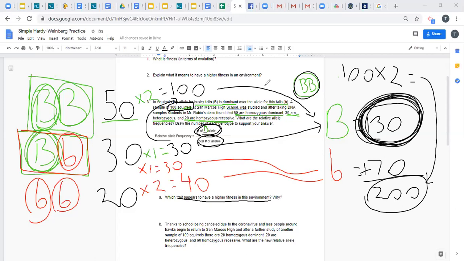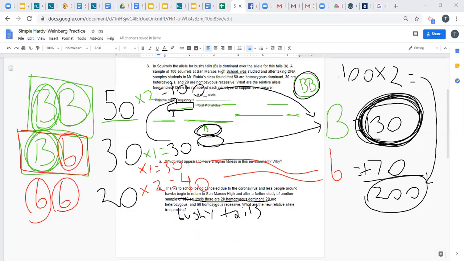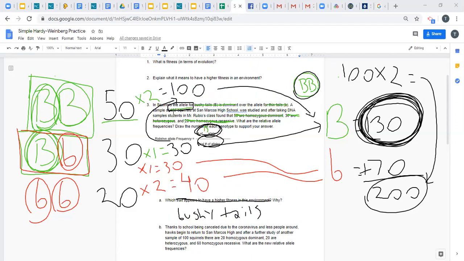In this case, it is the dominant allele. So which trait, though? That would be bushy tails. And bushy tails, I could also write as capital B.